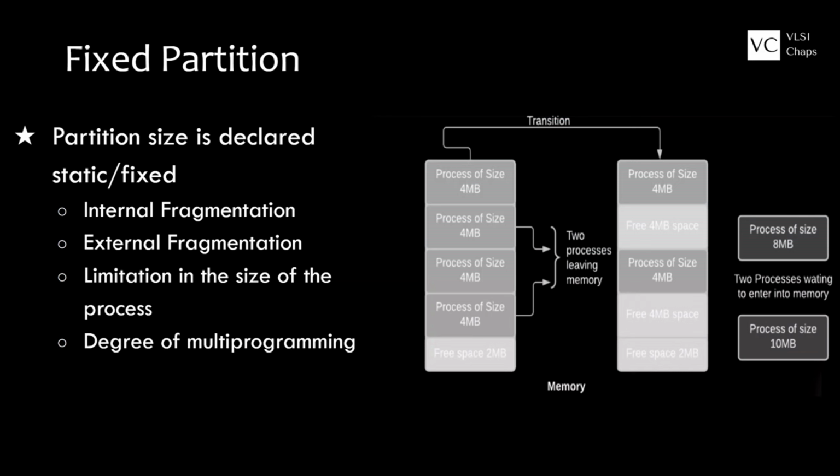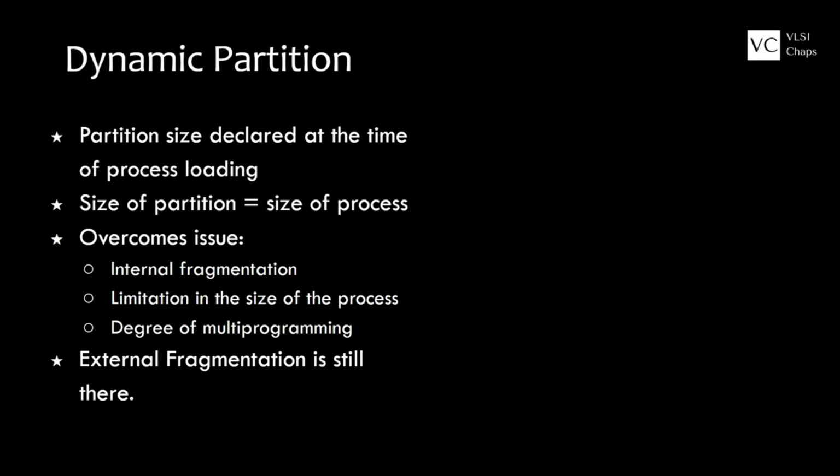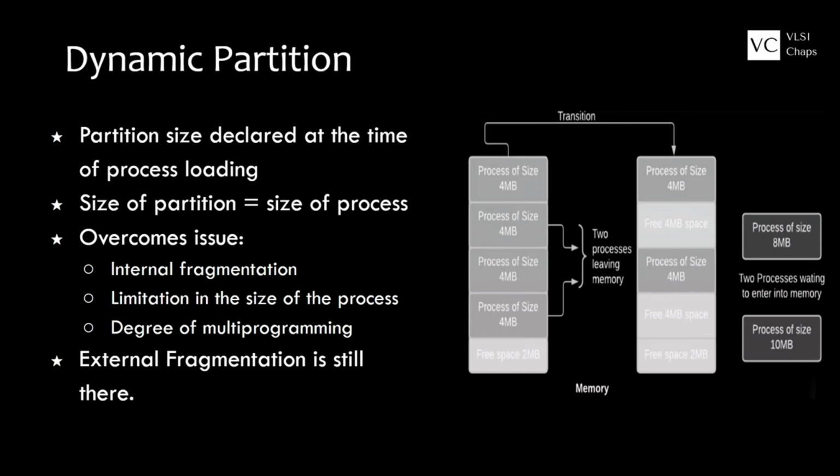Now, in order to resolve a few of the scenarios in fixed partition, we have dynamic partition. In dynamic partition, the block of memory is not fixed by default. It varies based on the size of the process. So that block will be allocated to a process only at runtime, that means whenever the process loads into the memory.